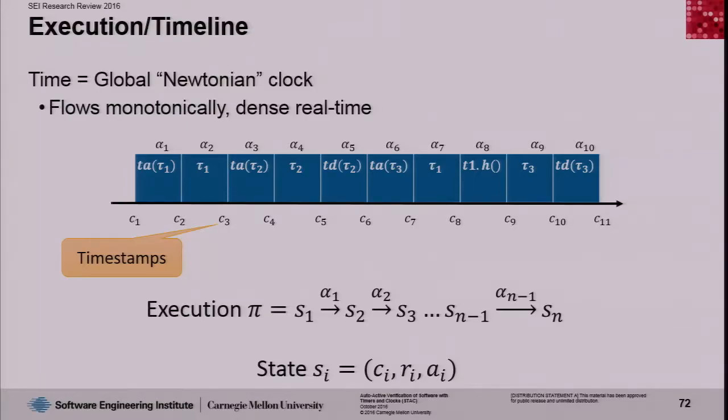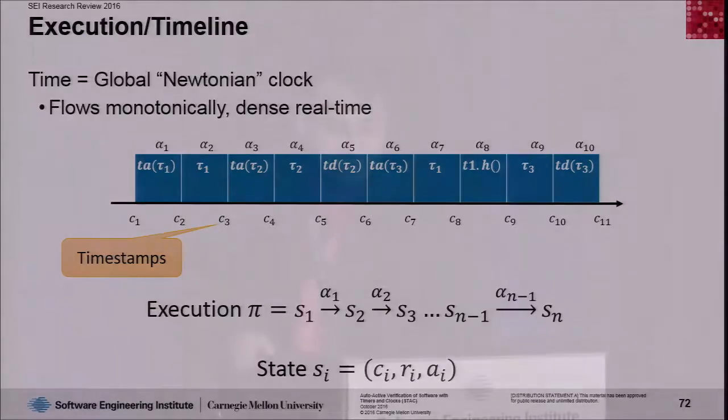So this says thread 1 arrived, then a bit of thread 1 executed, then thread 2 arrived, and then thread 2 got to the CPU because it had a higher priority, and then thread 2 was done, and then before thread 1 could resume, another thread, tau 3, arrived, but it had lower priority, so even though it arrived and it's active, thread 1 was given the CPU, and then some timer handler went off, etc., etc. So any execution in the system can be thought of as a sequence of these transitions, some of which are atomic, which are the enforcer functions, and the others which are essentially just chunks of execution of the application level threads.